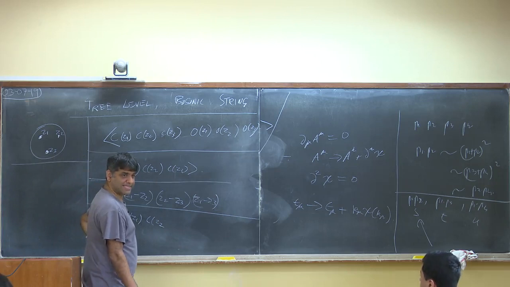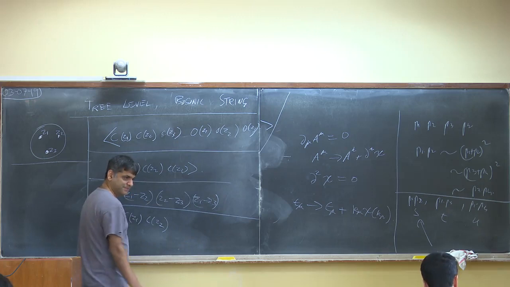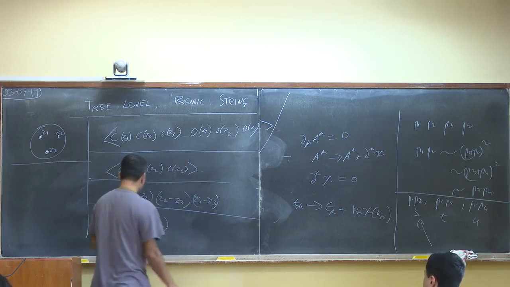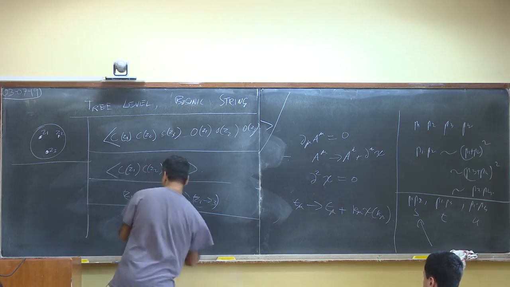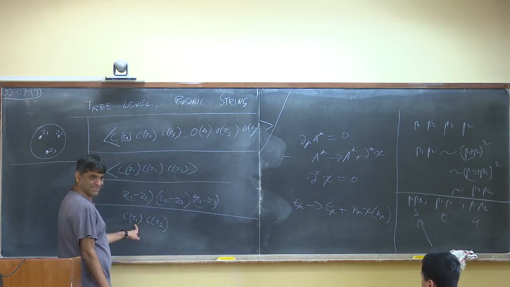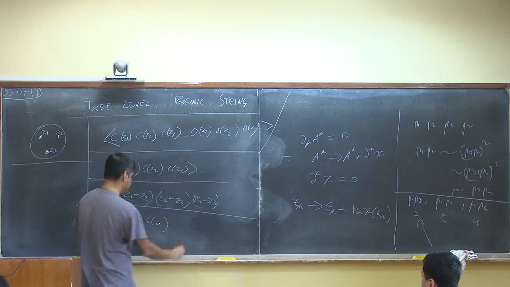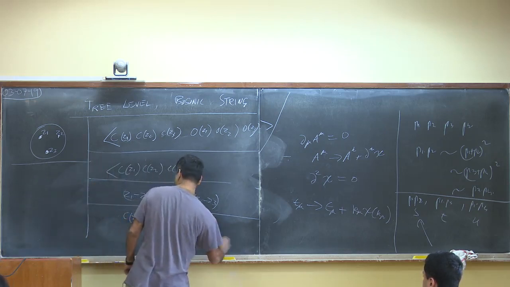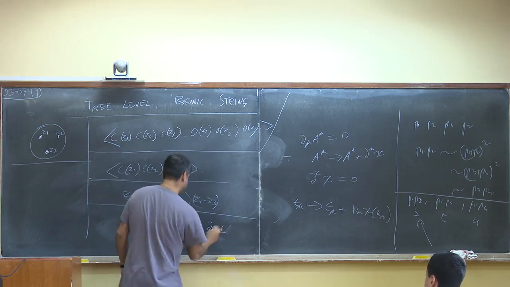As z1 goes to z2, there's no singularity. So what is the coefficient of the 0? It's just Taylor expanding. Suppose we do it near 0, c of z times c of 0. It's simply equal to z del c, c of 0.